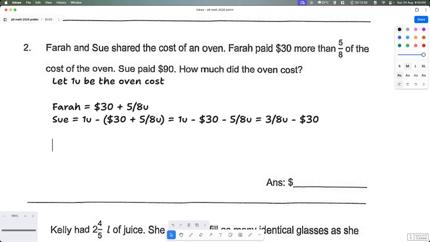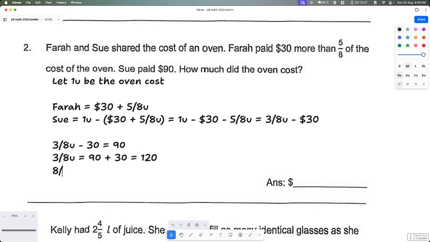Since we know that Sue paid $90, that means 3/8 unit minus 30 is equal to $90. So 3/8 unit is equal to 90 plus 30, which is 120.